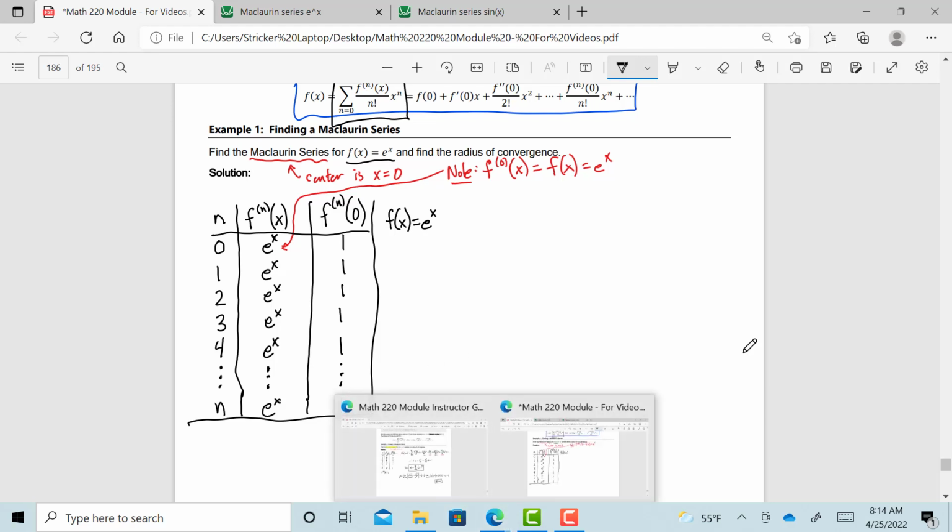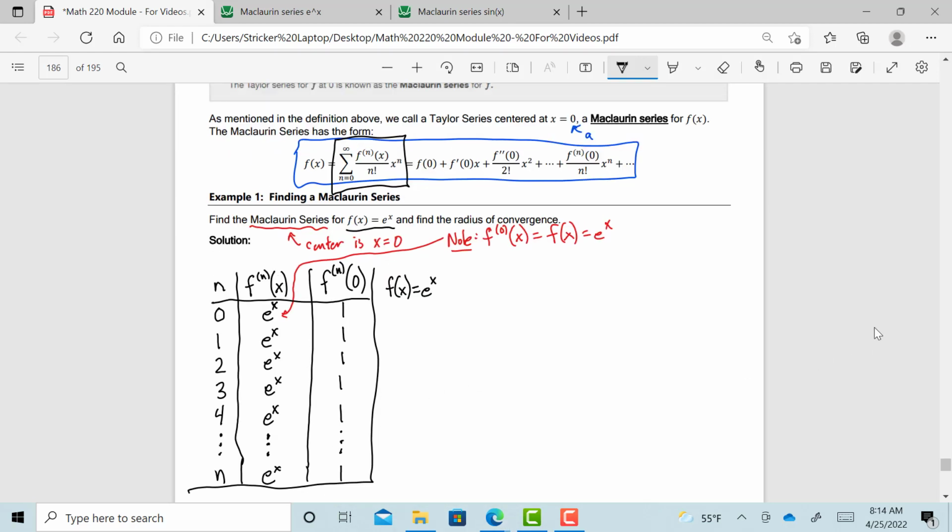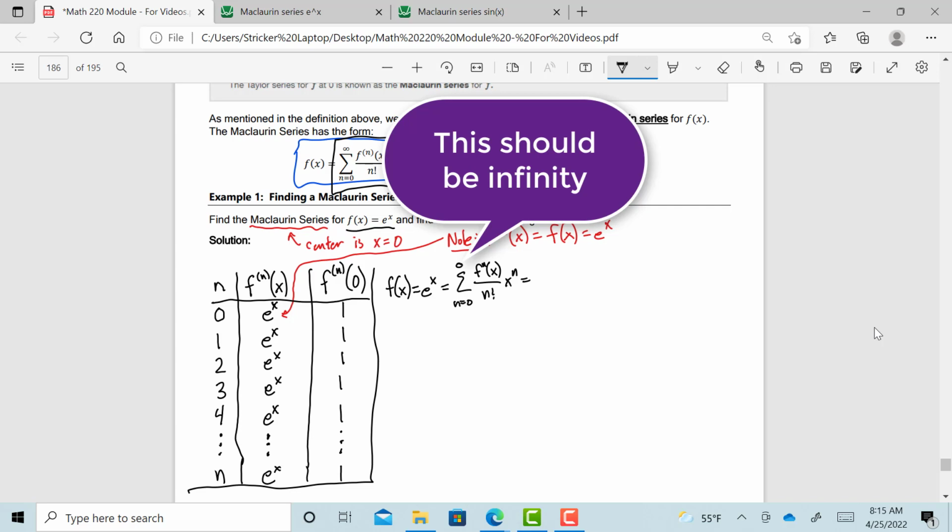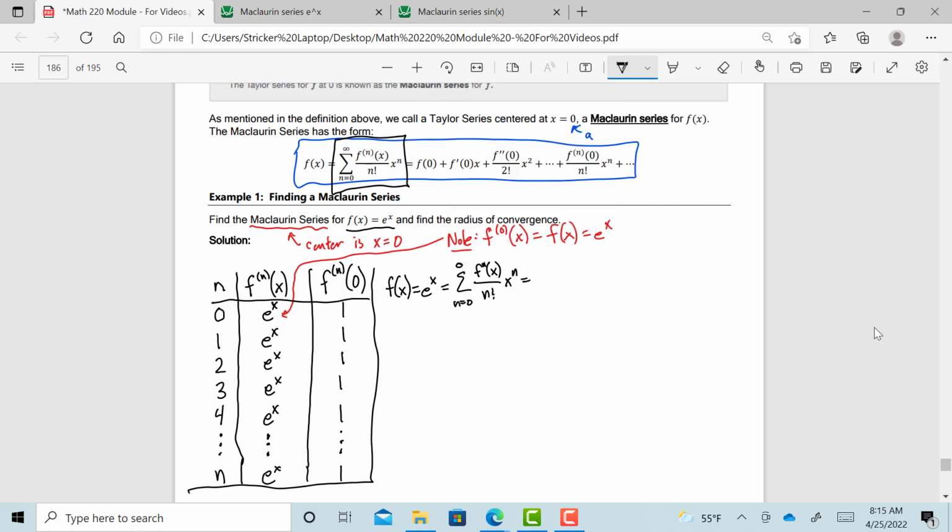And according to our definition of what a Maclaurin series is, this looks like a power series that has the form f n of x over n factorial times x to the n. And so if we use that formula for every single value of n, let's write out a few terms. Let's expand this a little bit.